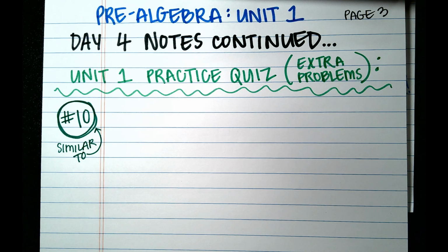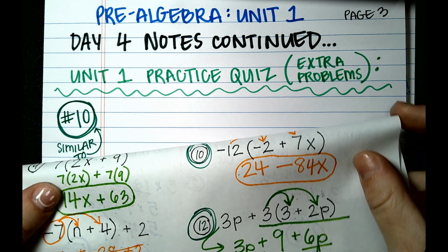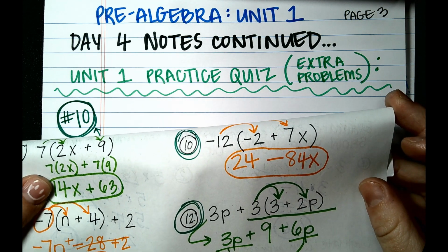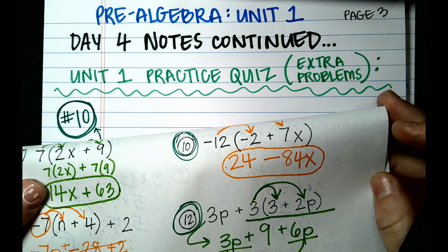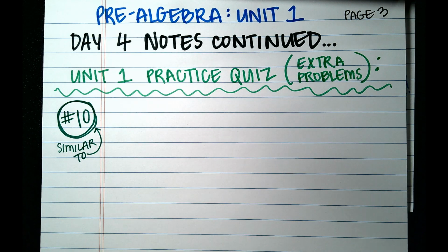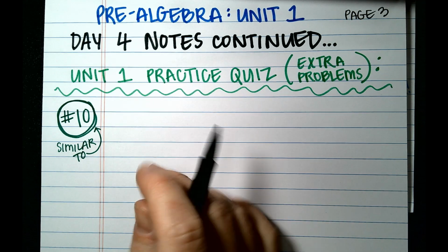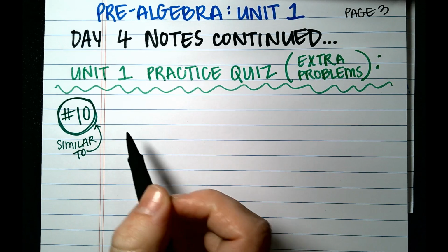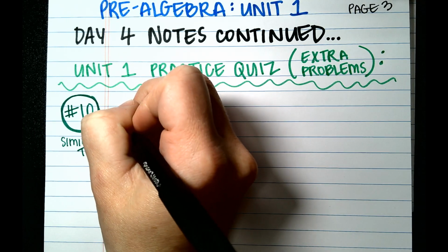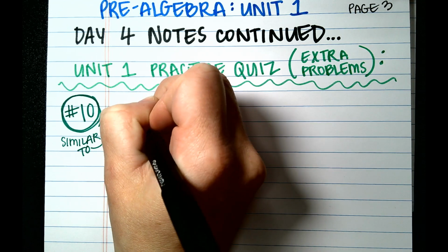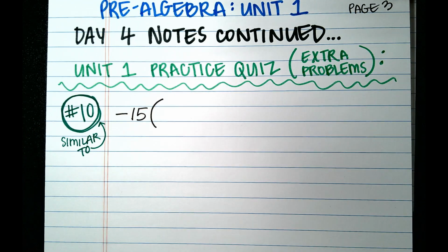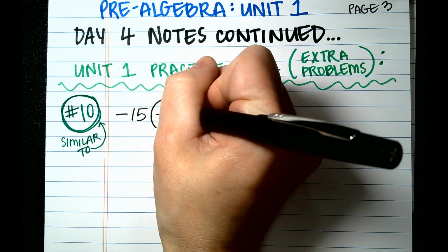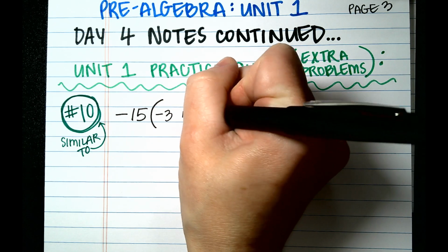We have a negative number, negative 12, and we're distributing to another negative number. Okay. We may just need to review our multiplication rules. I think that would be really good for this section as well. So let me just come up with something here. How about negative 15? And in parentheses, we'll do negative 3 plus 2x.